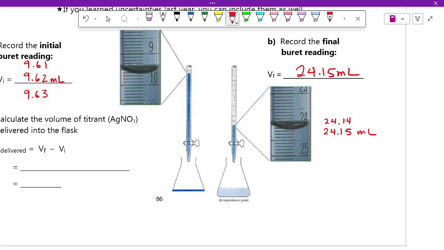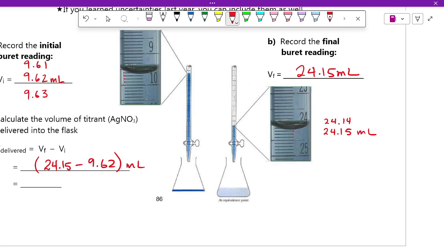When you do your calculation, don't forget to have milliliters in the calculation. You can only write it once if you want to by using brackets. So we would have the final volume, 24.15, minus 9.62 milliliters. Or you could write milliliters after each number. Either way is fine.